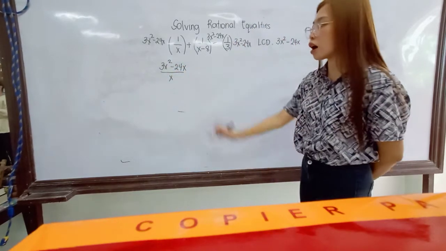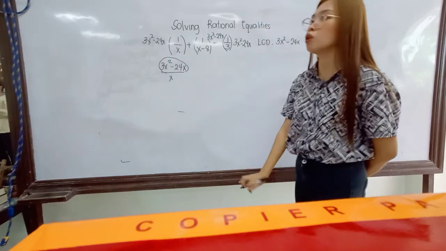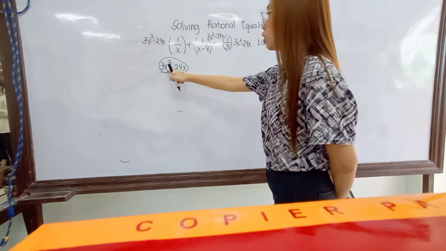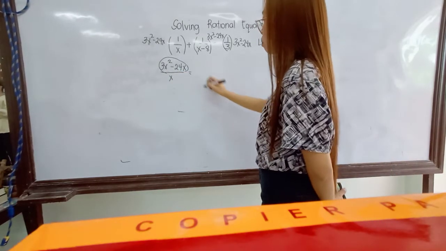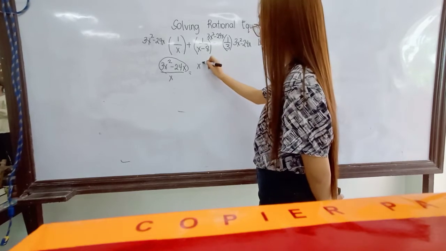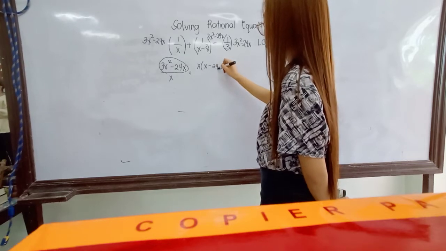Okay, so we're going to factor out the numerator, and then we're going to look if there is something that we can cancel out. So factoring out the numerator, it will become x times 3x minus 24.